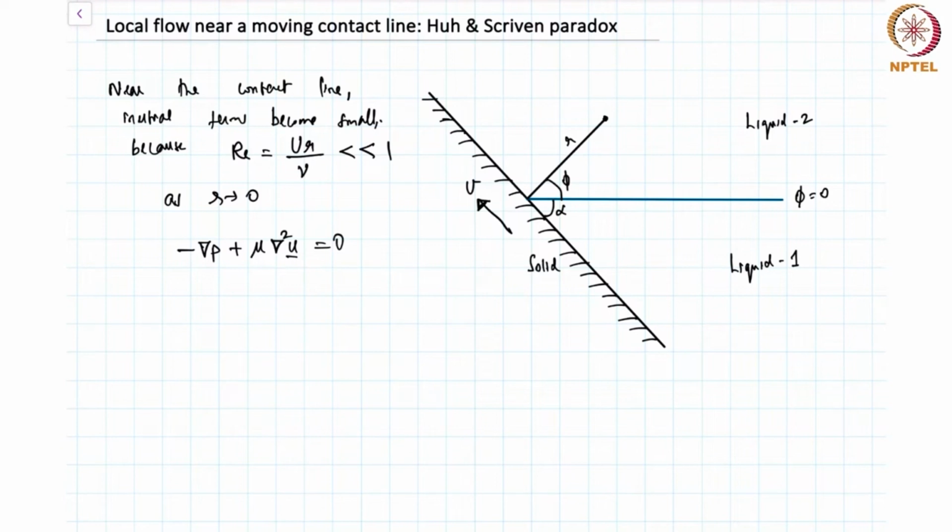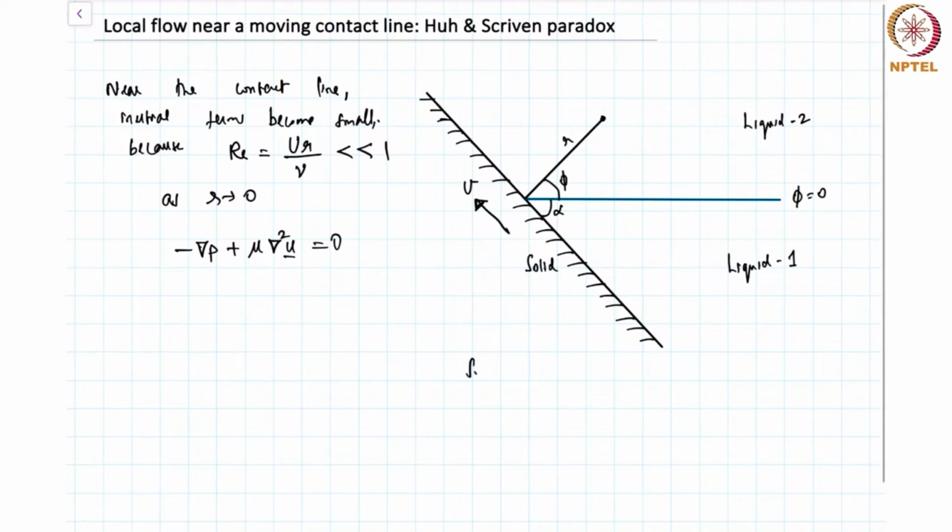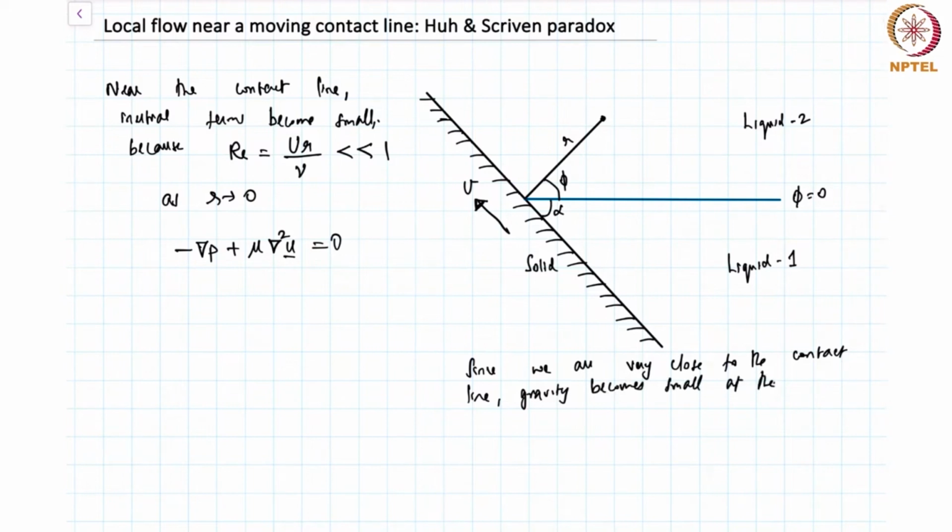Now again, you are very close to the contact line, so gravity becomes small at that length scale. I'll connect this to a macroscopic flow and say what exactly is Huh and Scriven's solution.